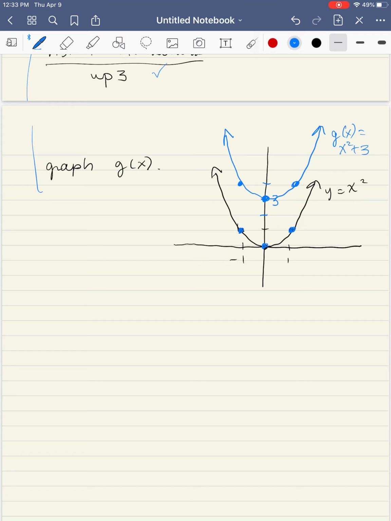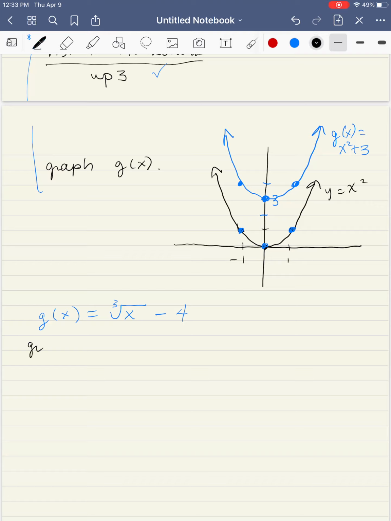Let's look at an example of that one. Let's say we have g of x equals the cube root of x minus 4.